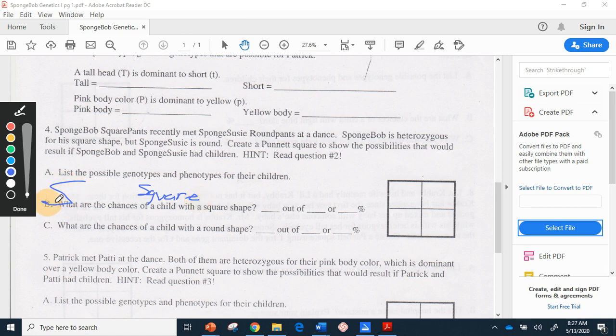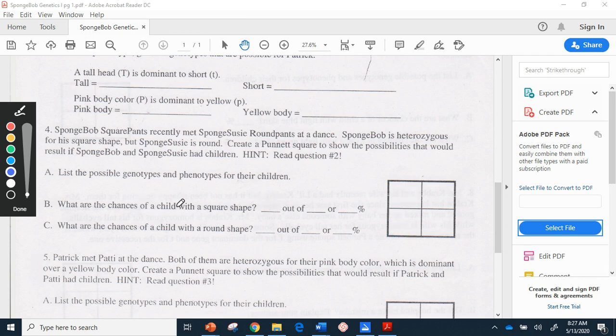And the other genotype we had was 2 lowercase s's, and that would be round. If you remember, we had capital S, lowercase s here, capital S, lowercase s here.